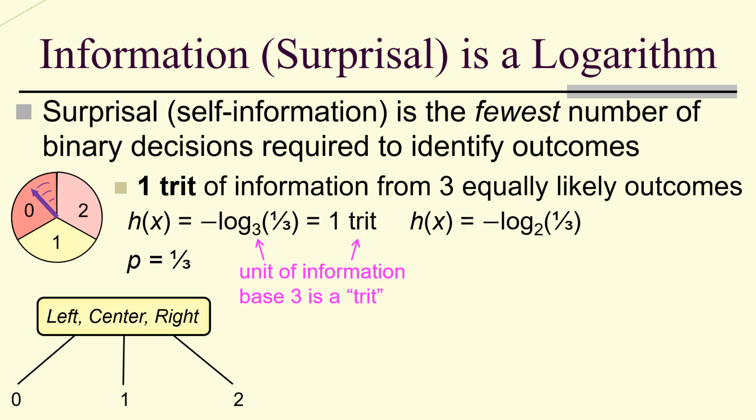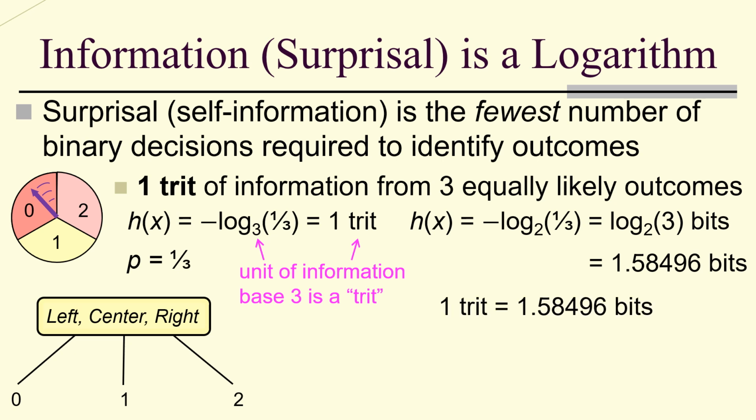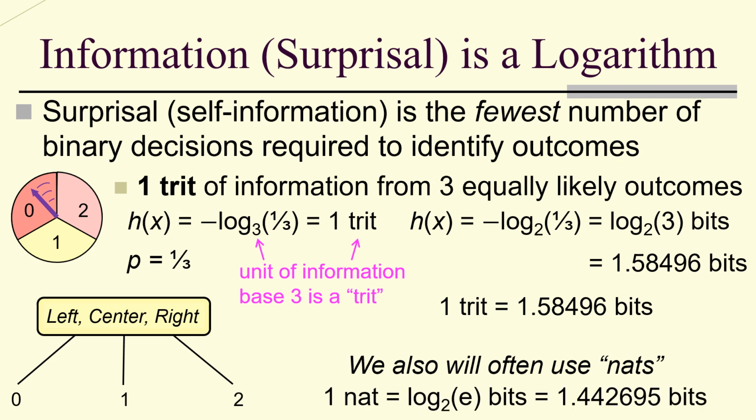But notice that in base 2, we would get negative log base 2 of a third, log base 2 of 3 bits. So in trits, it's 1 trit, but in bits, base 2, it's 1.58496 bits, approximately. So 1 trit is 1.58496 bits. We'll also often use nats. 1 nat is log base 2 of e bits, which is 1.442695 bits.